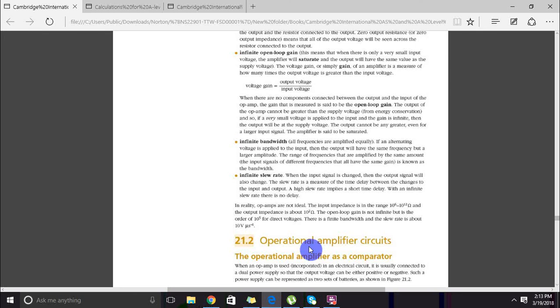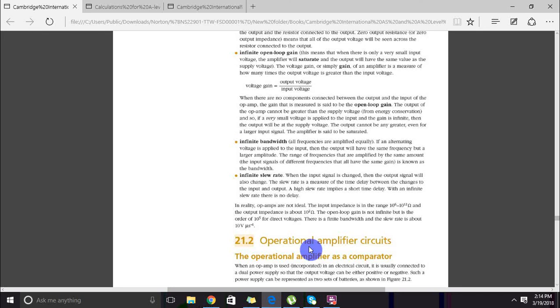So if an AC is applied to the input, the output will have the same frequency at all points. Just the amplitude will be larger because you have amplified it. So for an AC input's output: same frequency, but larger amplitude.